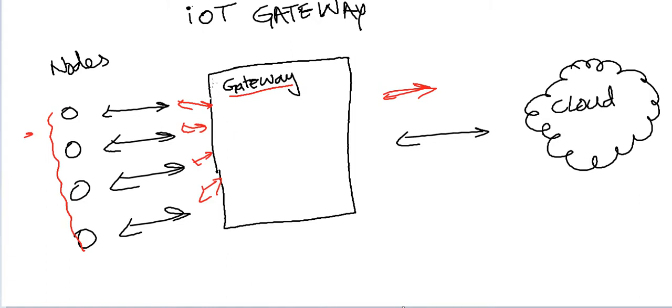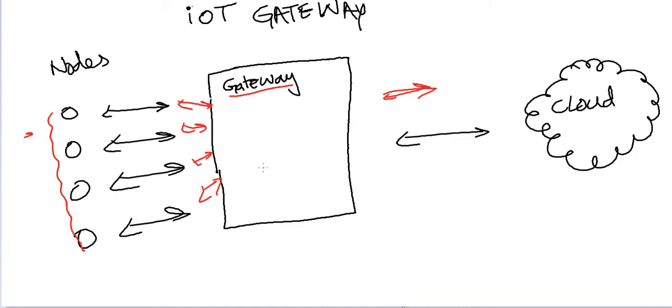This can only be managed by a device called a gateway, which has all these implemented features to manage all these protocols. That's why it has become a very critical part of the IoT ecosystem.